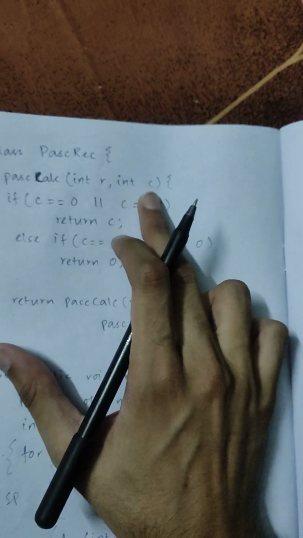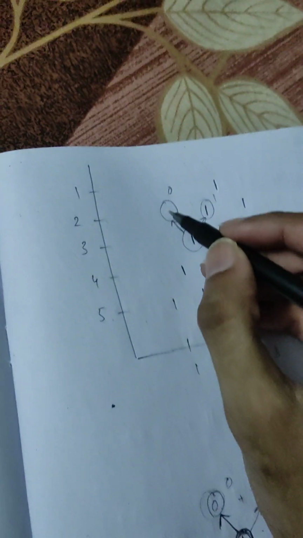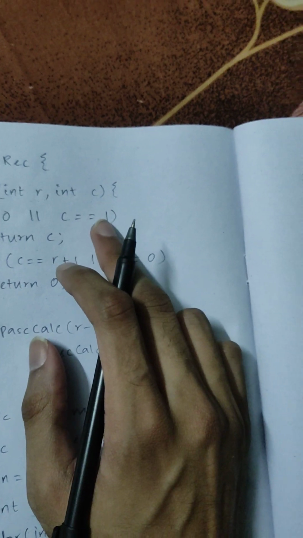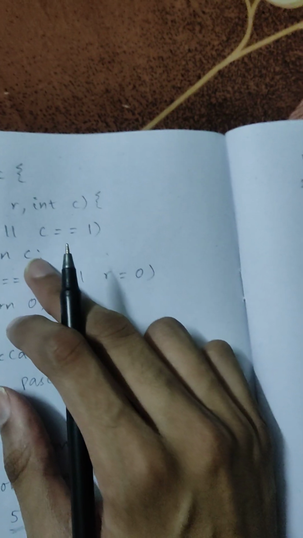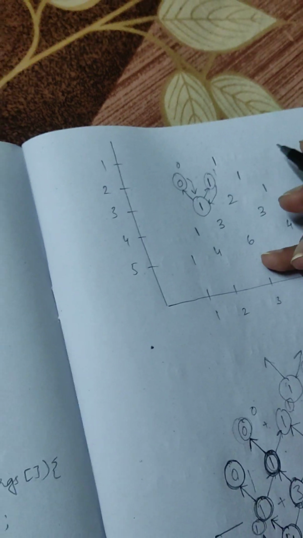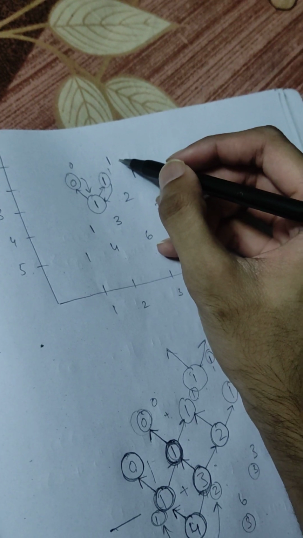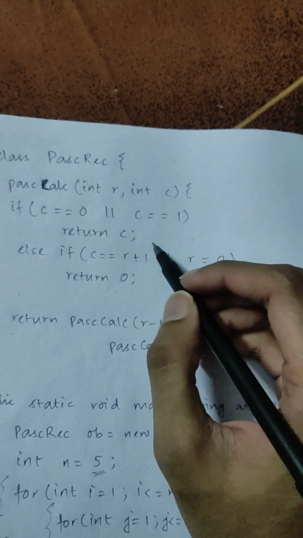So when the previous row's column is 0, then we will return 0. So 0 will be returned from here. And when the previous row's column is 1, then 1 will be returned here. So this 1 will be returned here. As all the values of this diagonal are 1, that is why we have to implement the base condition like this.